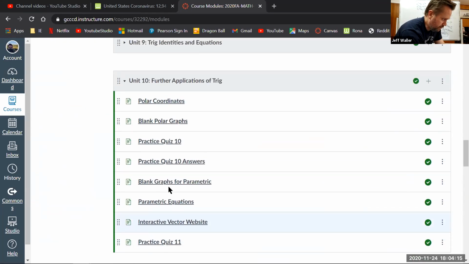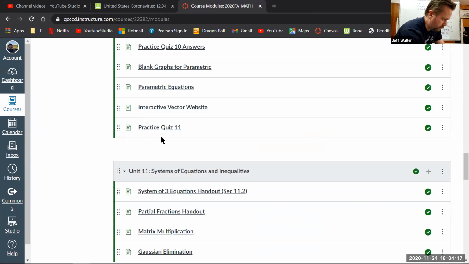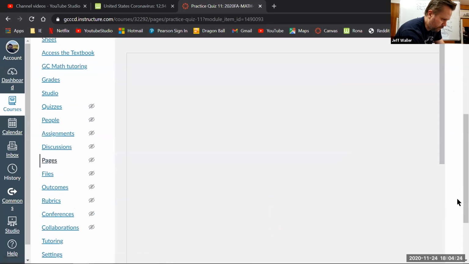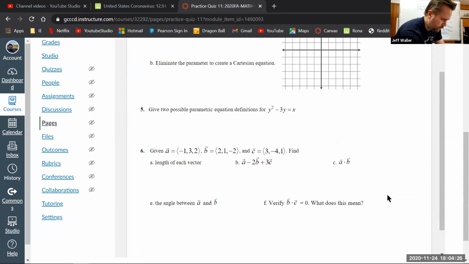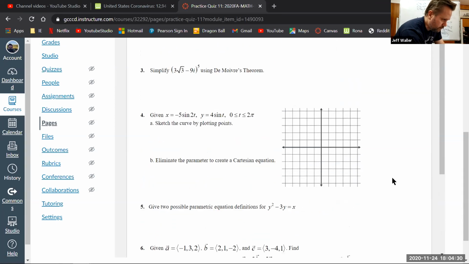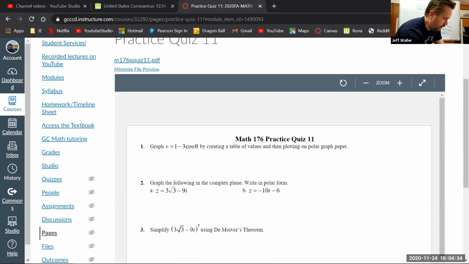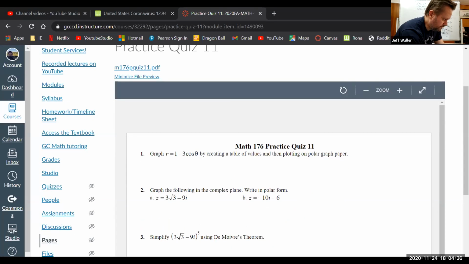Unit 10. I put it in Unit 10 because it's a quiz on Chapter 10, so hopefully that doesn't throw you off. Practice quiz 11. Let's see if I put a find-the-angle-between-the-vectors thing on here. Quiz 11 is on Monday? Yeah, it was supposed to be today, but I moved it to Monday.